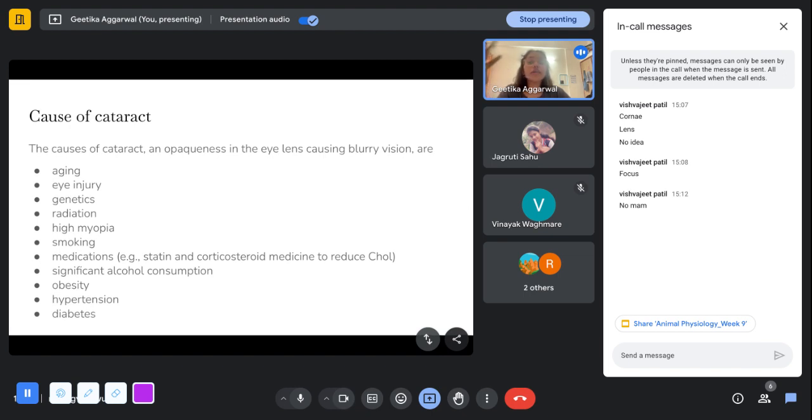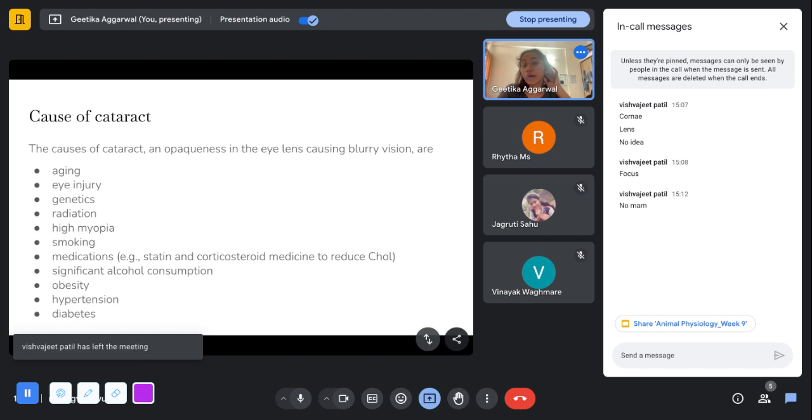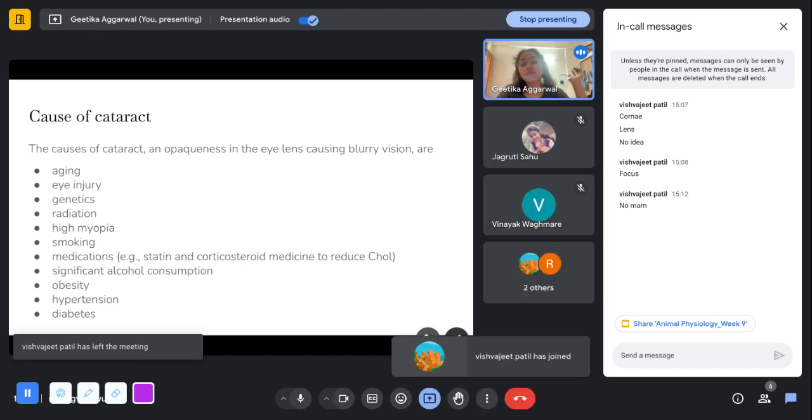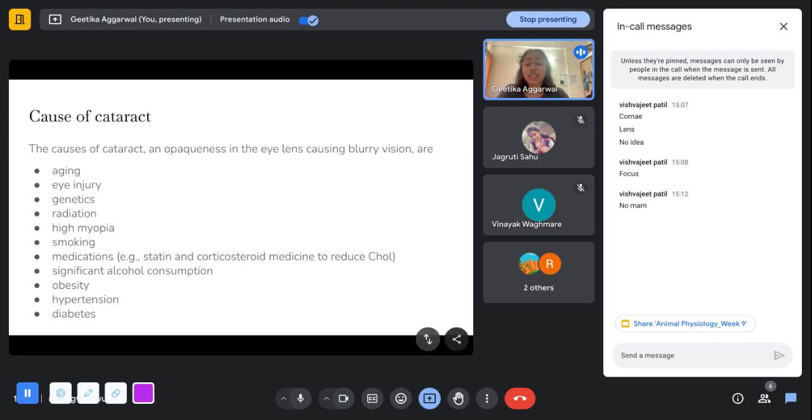Or somebody who is a regular smoker might have more chances of developing cataract because of certain specific medications, because of alcohol consumption, because of obesity, because somebody has hypertension, or because of diabetes. All of these conditions can lead to cataract, but the most common cause that we are aware of is aging, and the second one is diabetes mostly.